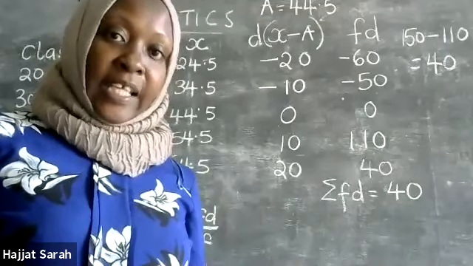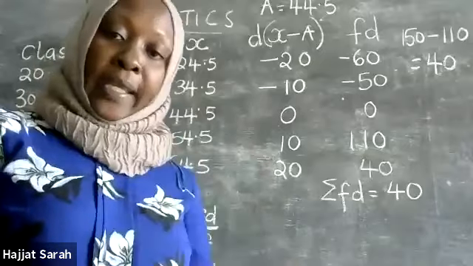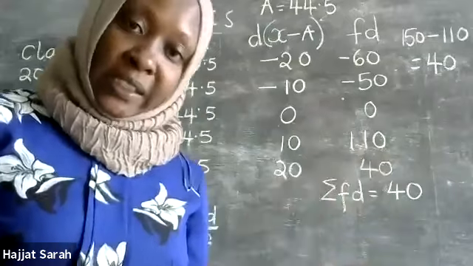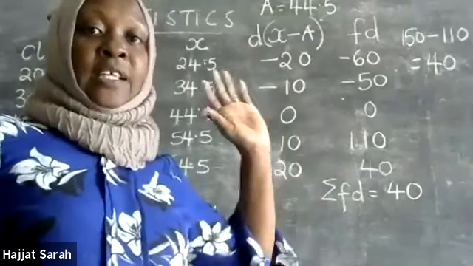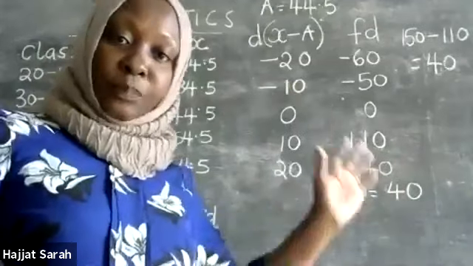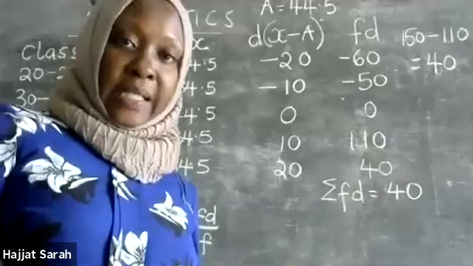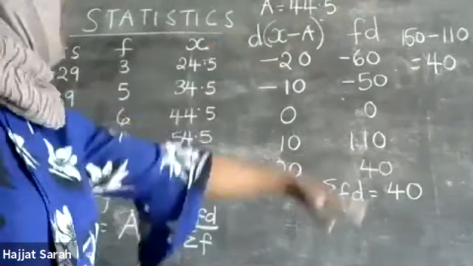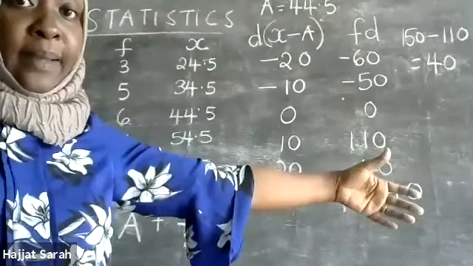But if the question says use working mean to give us the mean, please don't use summation of fx over summation of f. If they particularly want you to use a working mean, don't include that fx column in the table. You'll be wasting time. Okay?